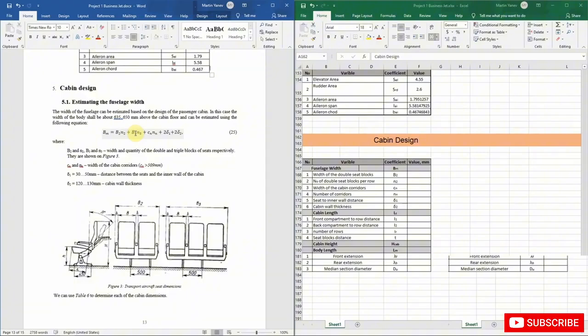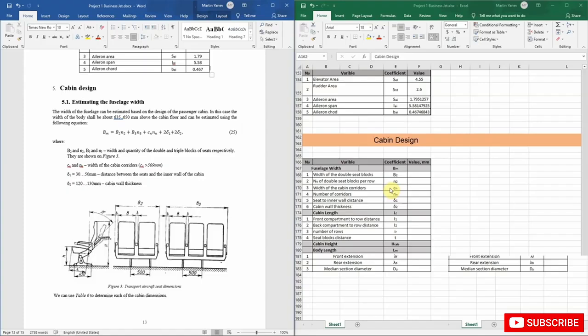Then N2 and N3 are representing the number of 2 and 3 seat blocks that we have per single row, not the total number, but per single row. This equation is actually based for a single row because the width of the fuselage depends on what seats and what equipment you have per single row. Okay, then C represents the width of the corridors.